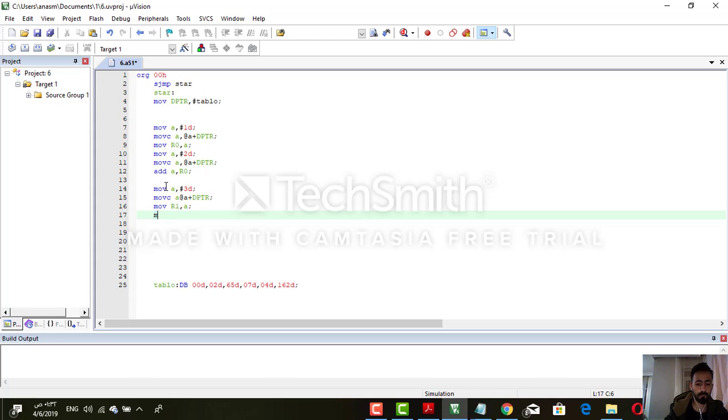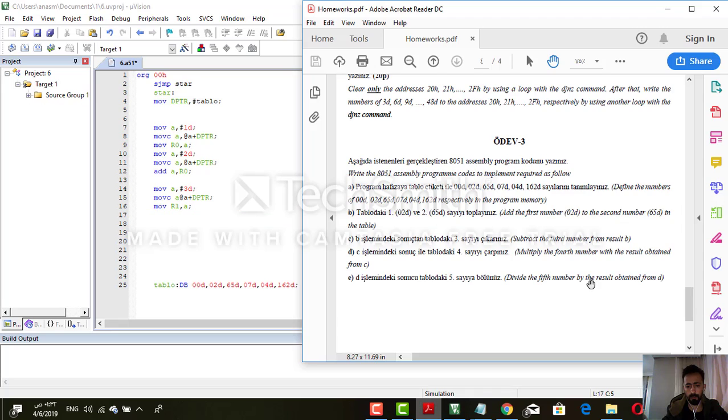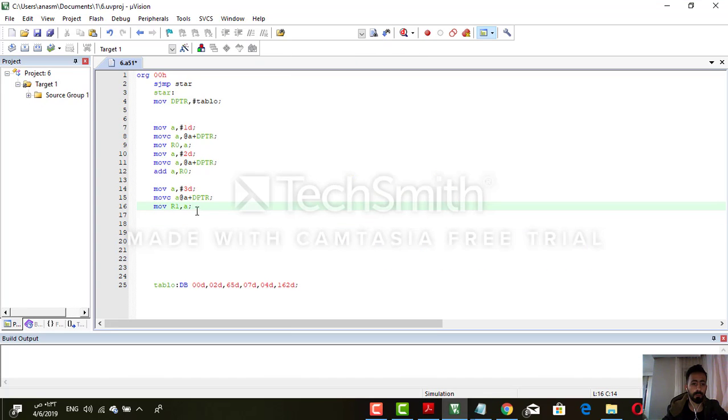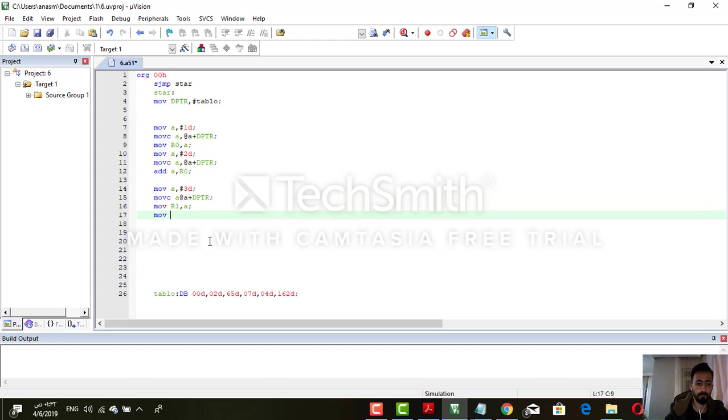Now look at the question again. Oh yes, the result of B, or the result here, is move A to array 0. So this is the question. And now we will subtract.